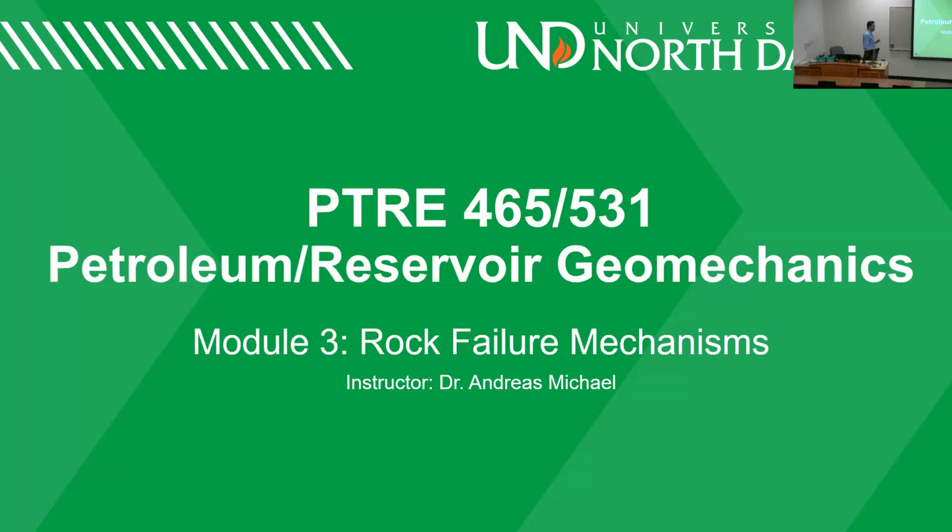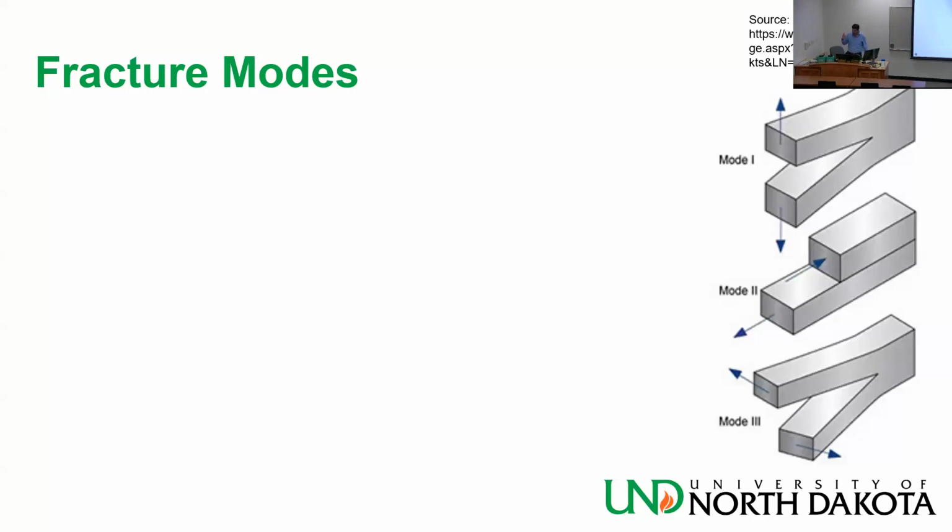There is some mathematical criteria that need to be satisfied in order to have failure. Like for the mode 1 failures that we already talked about in class in the first module, it's about tensile failure.